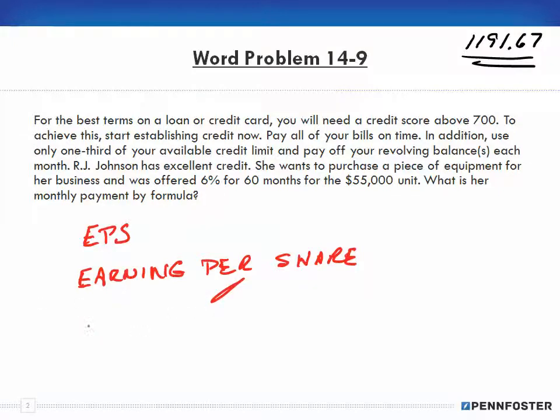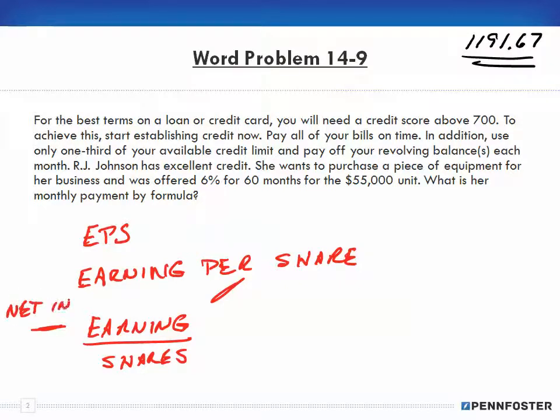So what we have here is earnings divided by shares. And earnings are basically your net income. And your shares on a simplistic level are your shares in stock, whether it's common stock and preferred stock or whatever have you, but they're the number of shares.